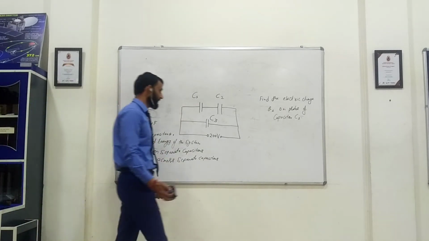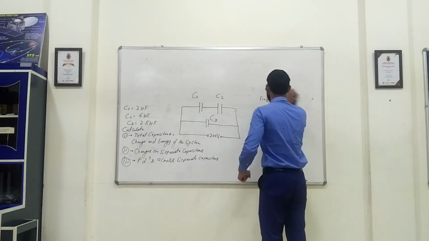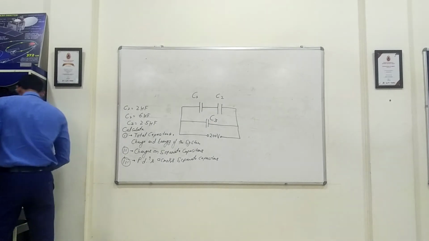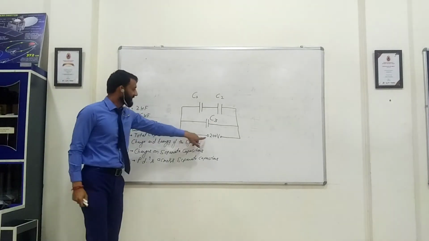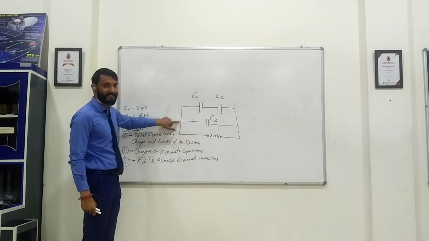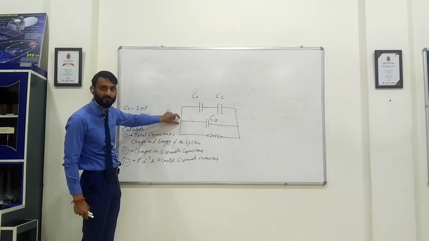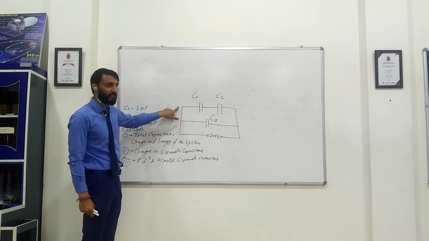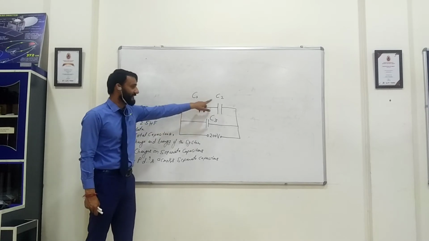Now first of all figure out which are connected in series and which are connected in parallel. So charges must be coming like this. At this point, they are getting 2 different paths to travel. One will go this side, another will go this side. So the same charge is passing through this and this.